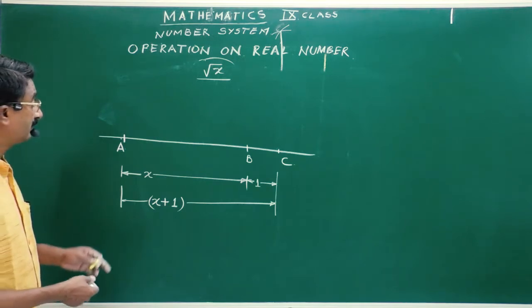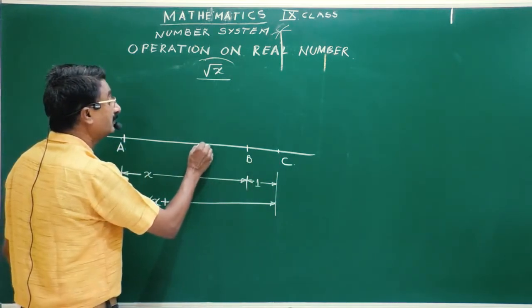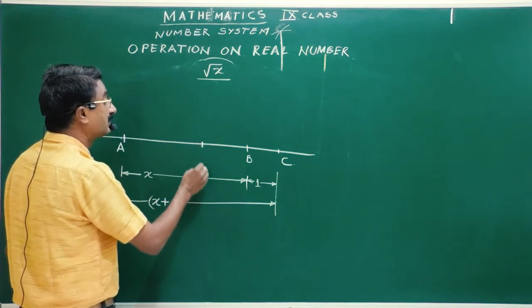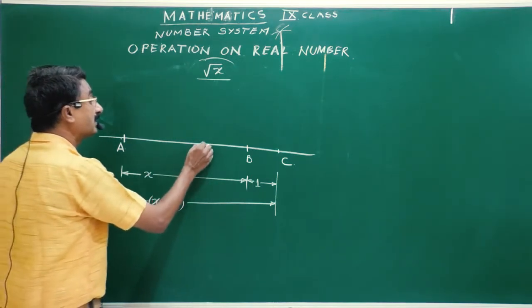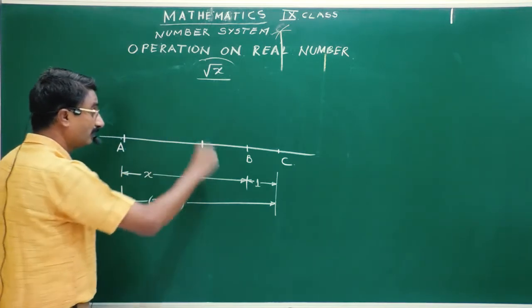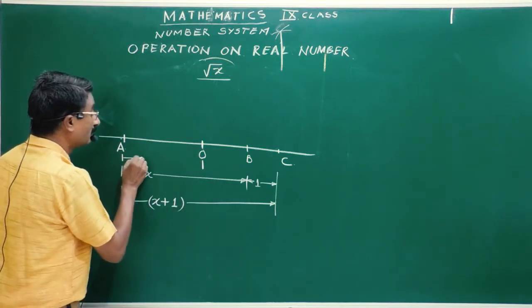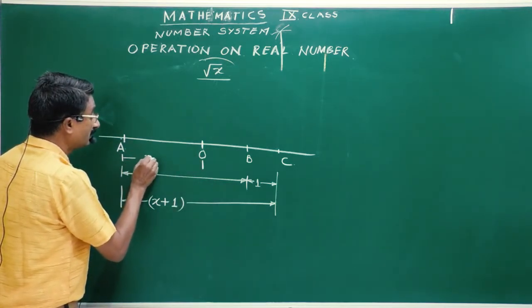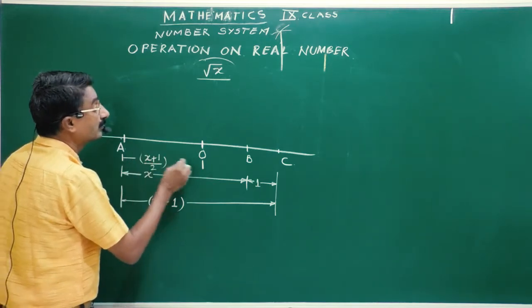Then what had we done? We had bisected AC, meaning we found its center. Say this is the center. The procedure to find the center is the same, but here we are marking it directly. So this is the center, say O. Center means the distance OC is equal to x plus 1 upon 2.